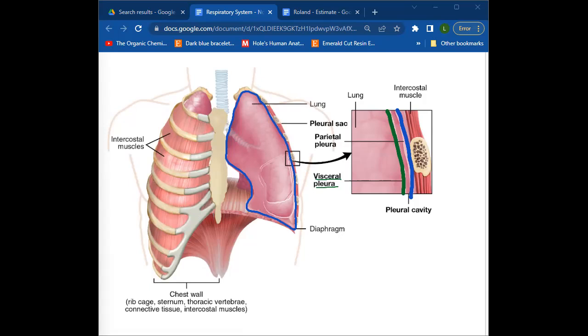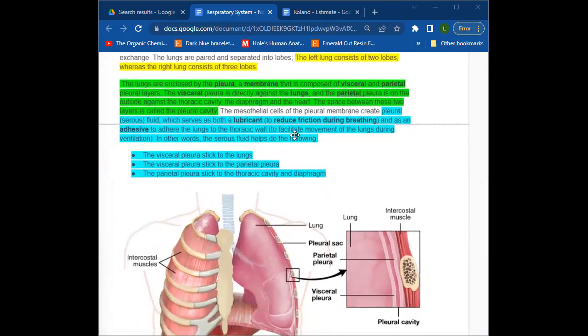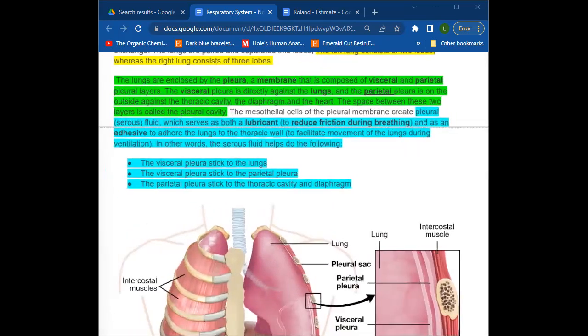But in addition to reducing friction, the serous fluid is also going to make everything very sticky. You can almost think about it like a wet t-shirt. If you have a wet t-shirt, the two layers of the fabric are going to cling and stick to each other. And that's exactly what the serous fluid is going to do too.